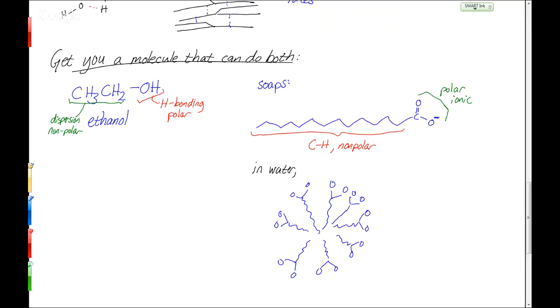And that happens also in 3 dimensions, so it's like a sphere. And these outer parts, remember, are all actually negatively charged. So the water molecules can line up with them, with their hydrogens, just like they would with any other negatively charged ion.